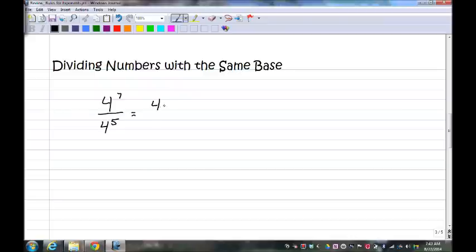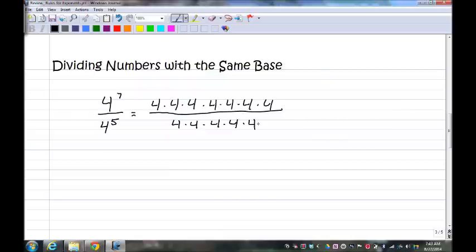The top, the numerator is 4 times 4 times 4 times 4 times 4 times 4 times 4. Did I get all the 4s? I think I got all the 4s. And the bottom, there are 5 of them. So it's 4 times 4 times 4 times 4 times 4.